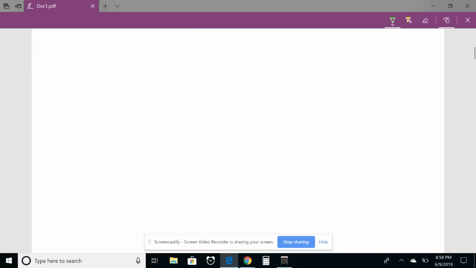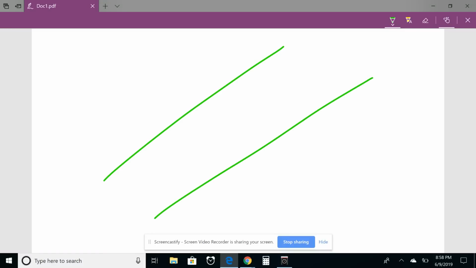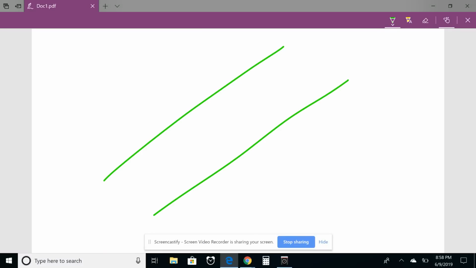You could have a diagram with two parallel lines cut by a transversal. So here's two parallel lines, cut by a transversal. And like you saw in the last video, we have the interior and exterior.